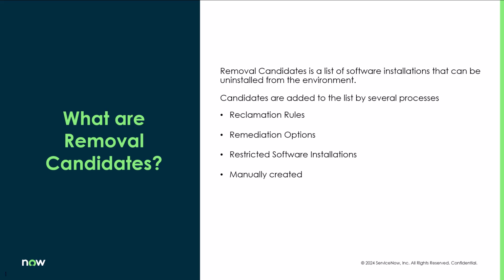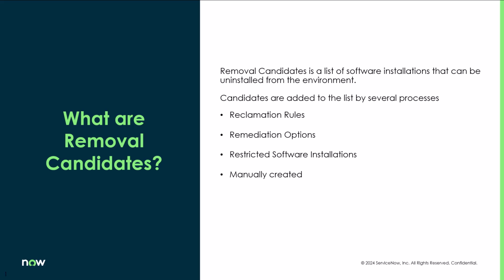The next way that removal candidates get created is through the remediation options. So when a SAM manager is reviewing their compliance position and reviewing their specific entitlements in their license usage dashboard, under the remediation options, they're going to have the option to generate a removal candidate for some installations.